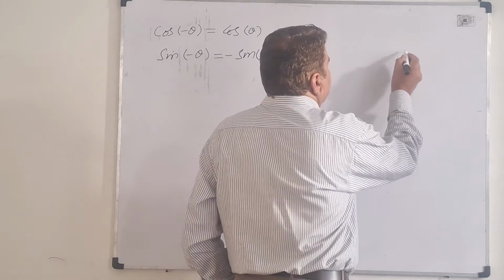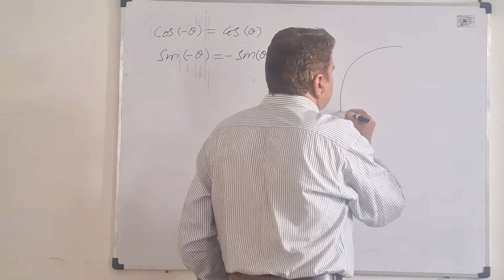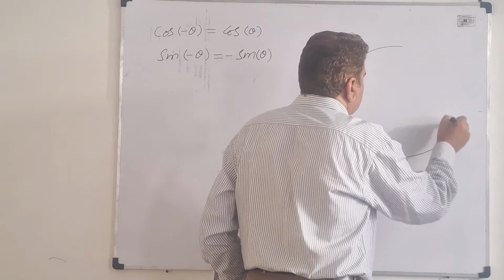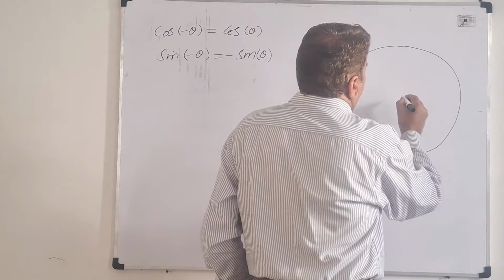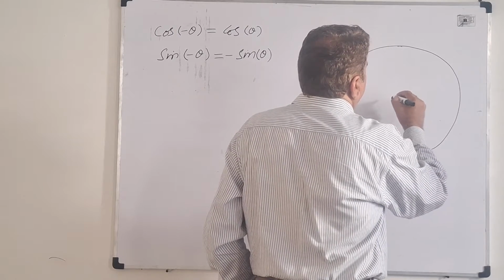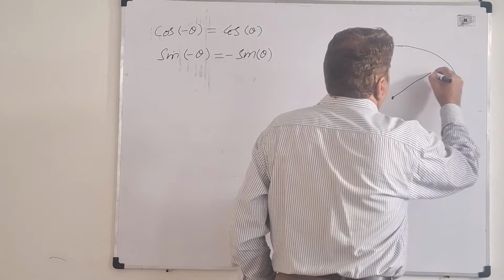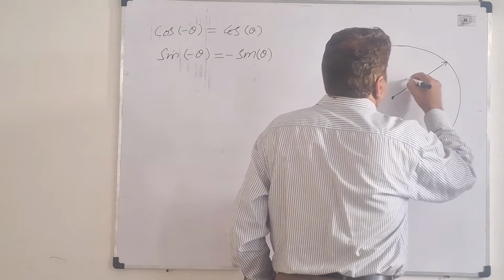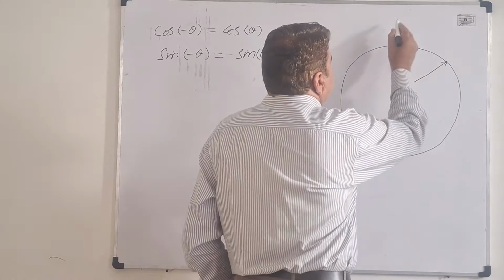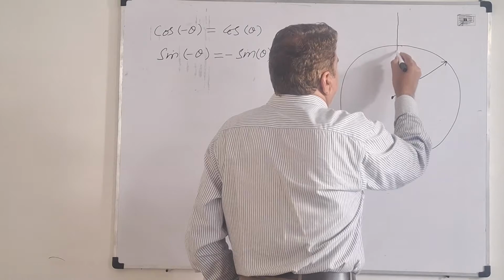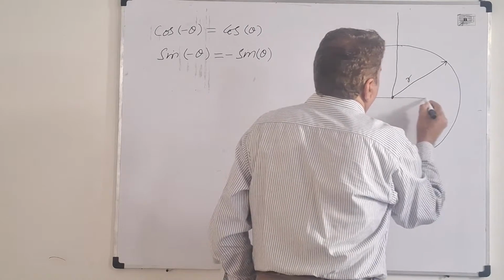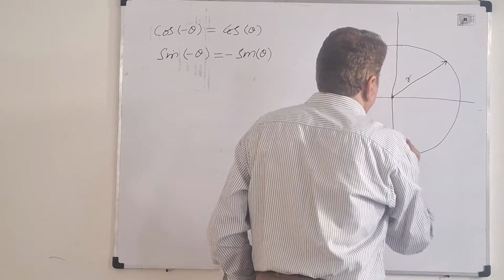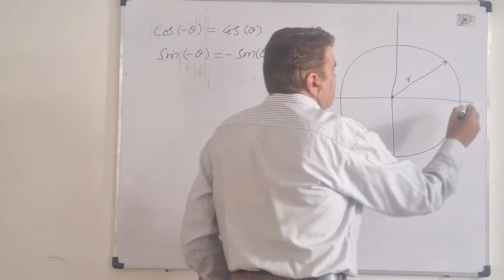I consider a circle of radius r. Let this be the center, and let this be the radius r. I consider my coordinate axes such that the origin lies exactly at the center of the circle.